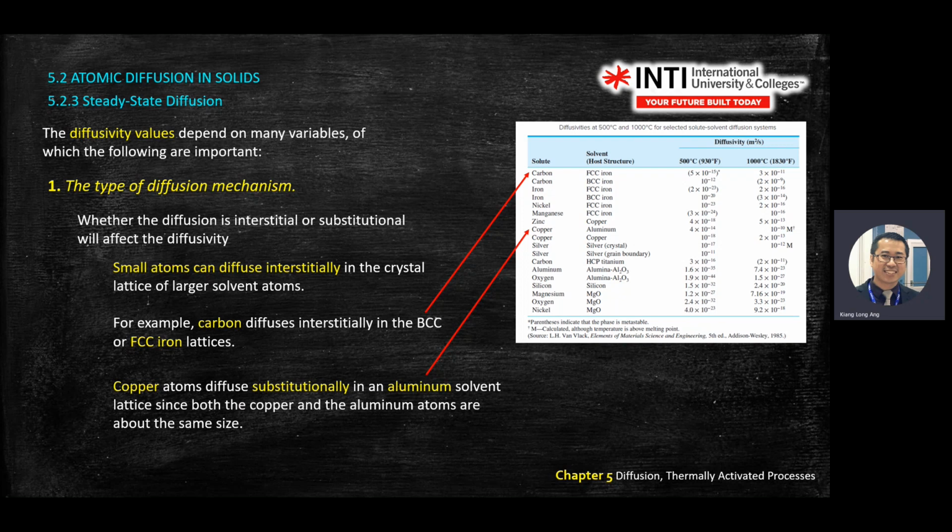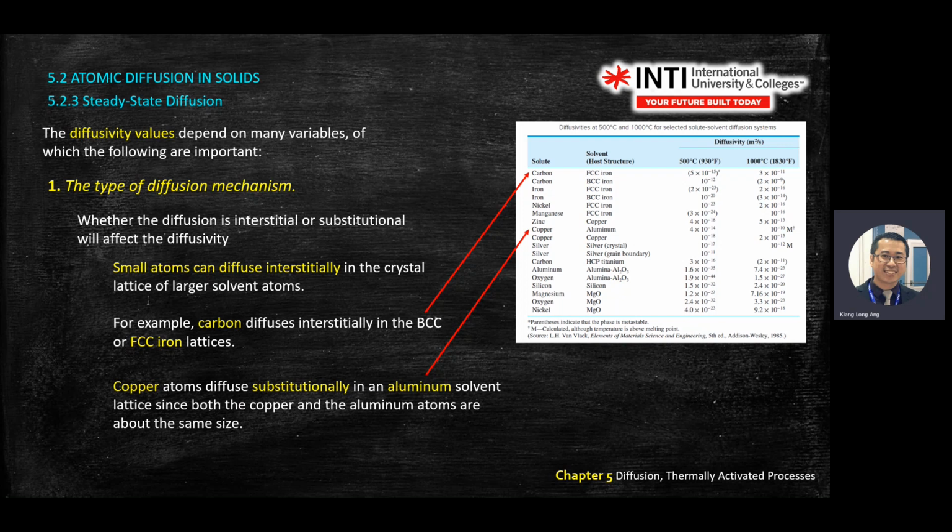There are two mechanisms. From the value of your R, you should be able to explain what type of mechanism is happening when you do the strengthening procedure later. You look at the material, you look at solute and solvent. Then there is a table I showed you before in the crystal structure.